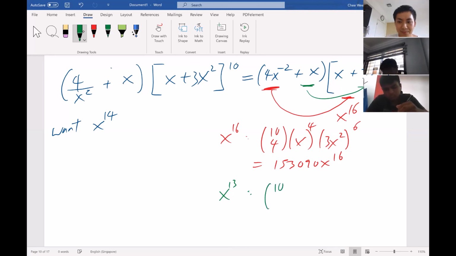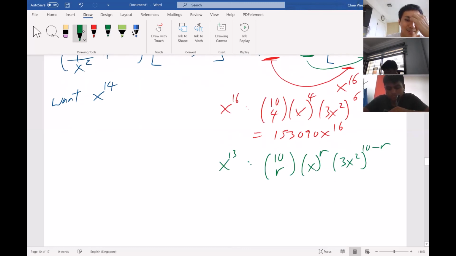10 choose r. Good. And then 3x squared, 3x squared to the power of 10 minus r. Yeah, okay, good. Okay, and then what do you do next?